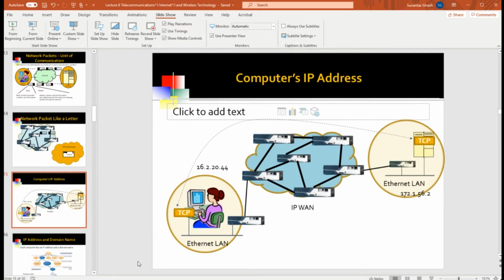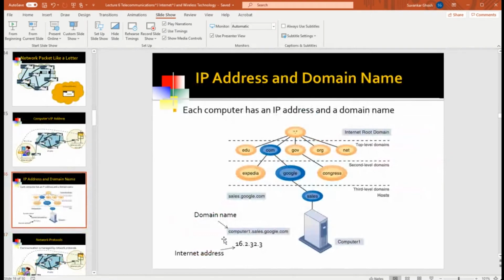So what happens is that the user is always dealing with higher level addresses, such as, here, a couple of examples: sales.google.com. That's the higher level address, the name. Two things are happening here. Computers have both a domain name and an IP address. The IP address is not something that the user remembers or deals with directly.